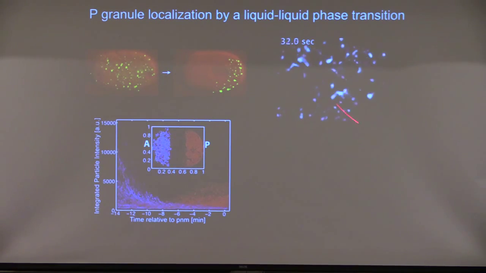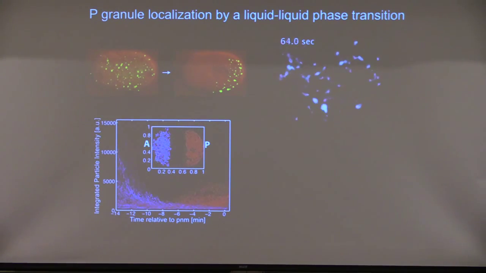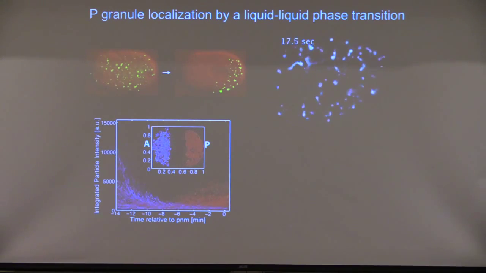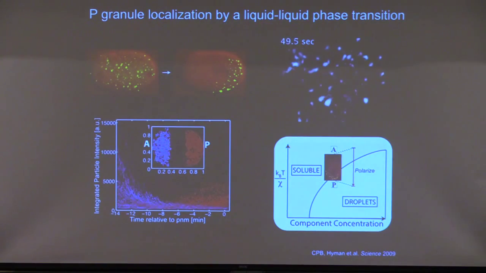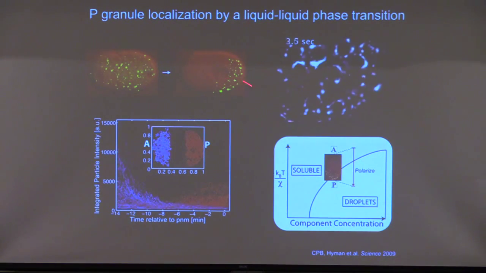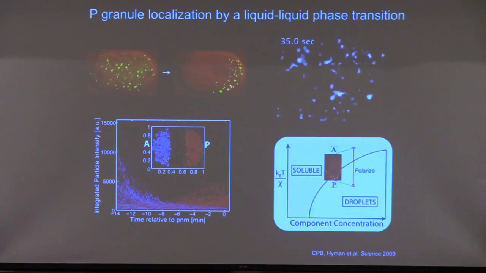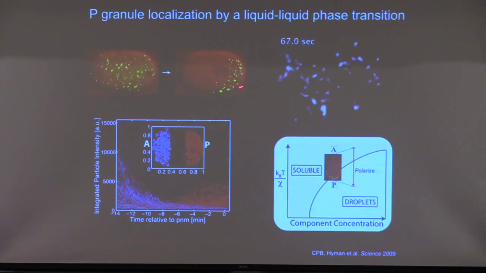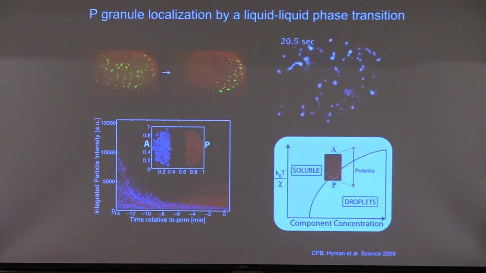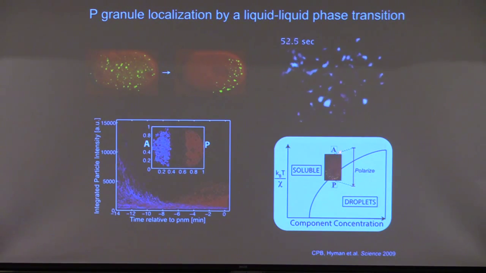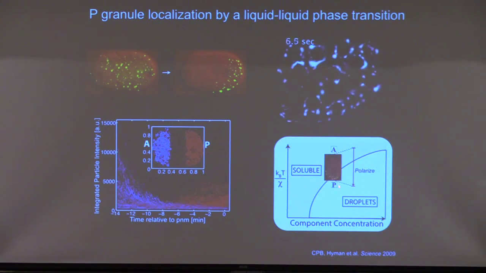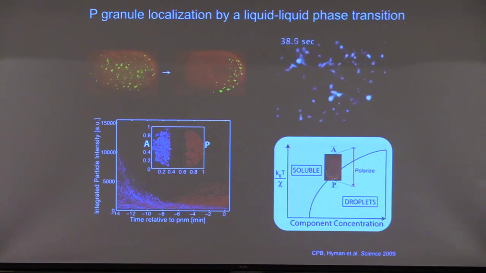This and some other data that I'm not going to show you led to a model wherein these P granules in this segregation process are droplets of RNA and protein that are condensing in the posterior of the embryo. And so the picture that emerged was that this anterior-posterior axis spans a phase boundary.